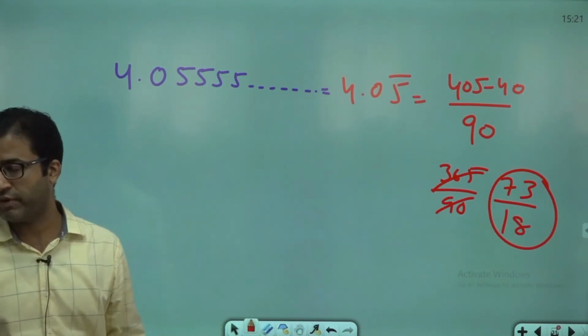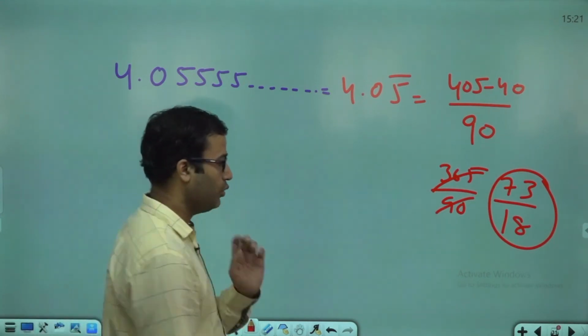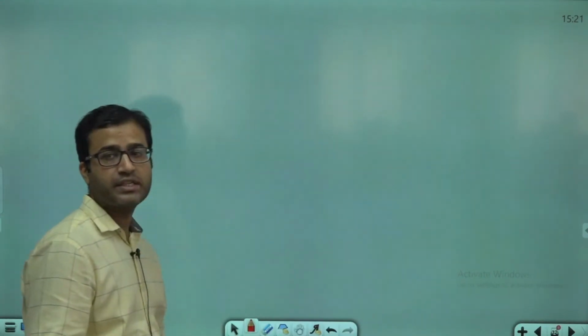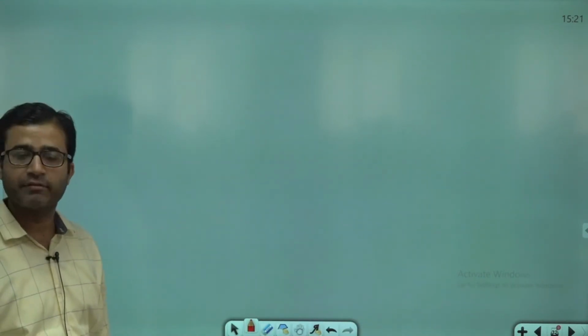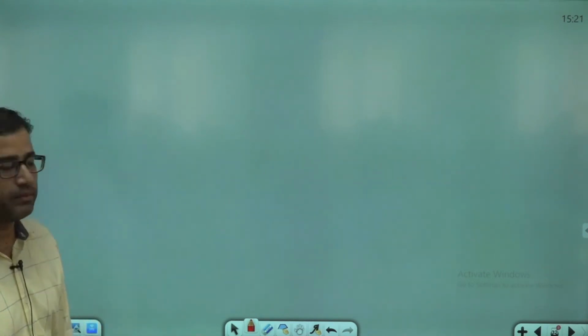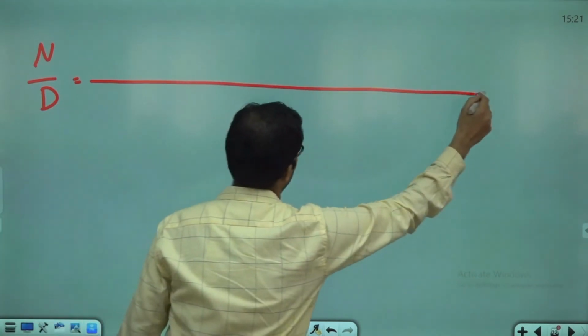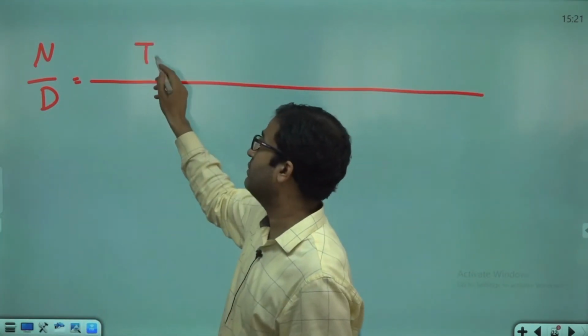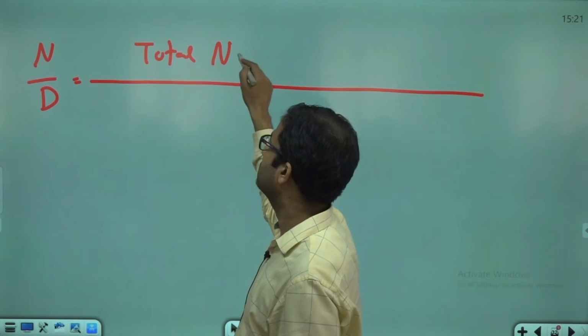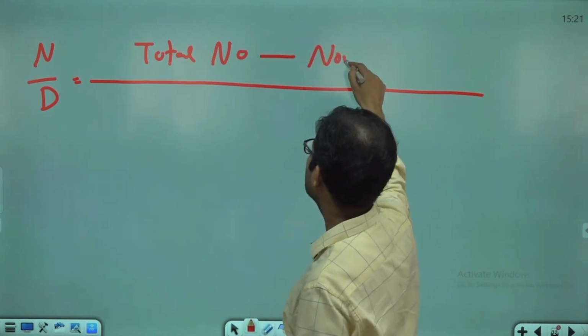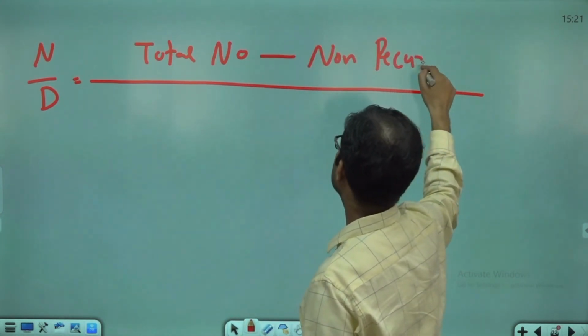Now either it is type 1 question, type 2, type 3, I give you a language and we have this step, यही steps है हमारे. Numerator is total number minus non recurring part.